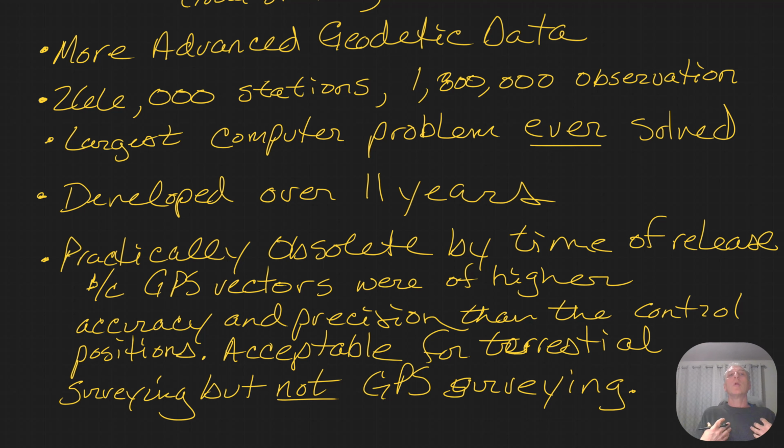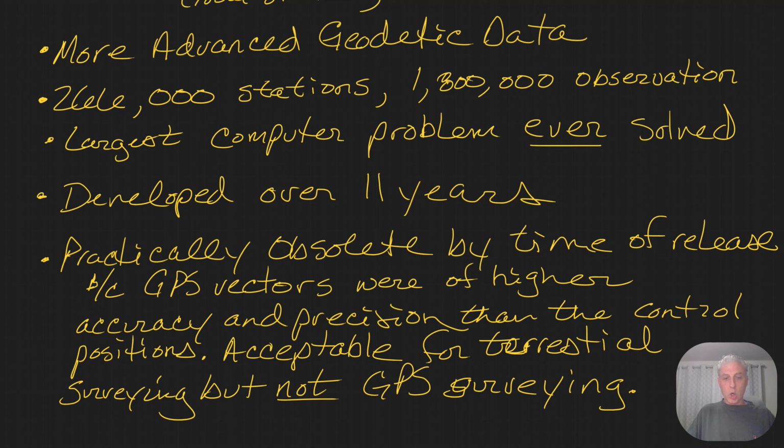How many people had to be involved in the planning of the project, the collection of the field data, the processing, the level of expertise, mathematical and technological, that would go to a project like this, and they go to release it knowing that it's already obsolete. Now surveyors can go out with GPS and collect data on a point that is more accurate than what all of that work produced. Kind of disappointing, but still good for terrestrial surveying.